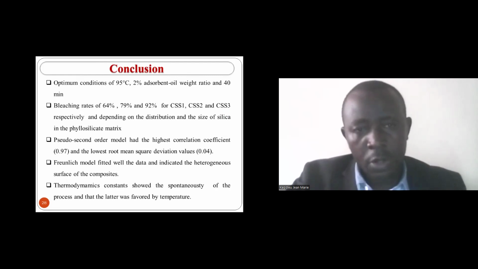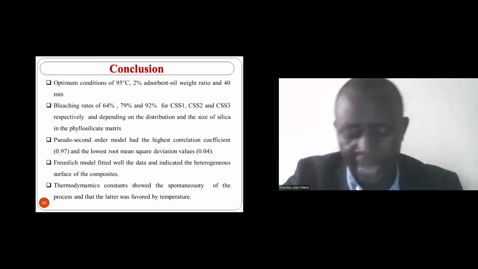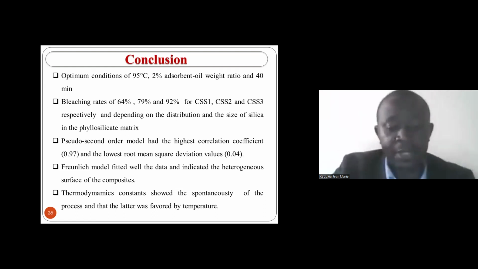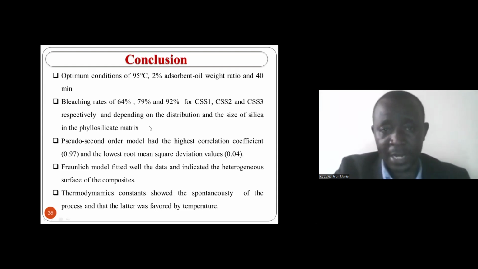For conclusion, all the three composites demonstrated potential as multifunctional materials, and the palm oil bleaching using the three composites yields satisfactory results: 64, 79, 92 for CSS1, CSS2, and CSS3 respectively, depending on the distribution of the size and silica in the ferrosilicate matrix.